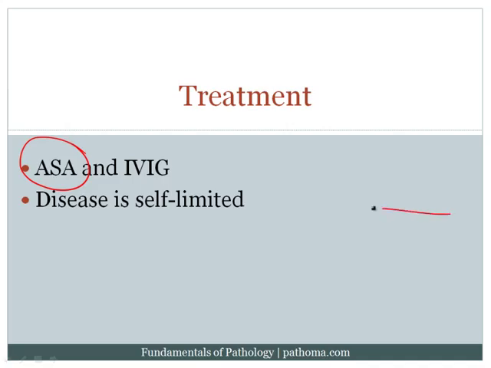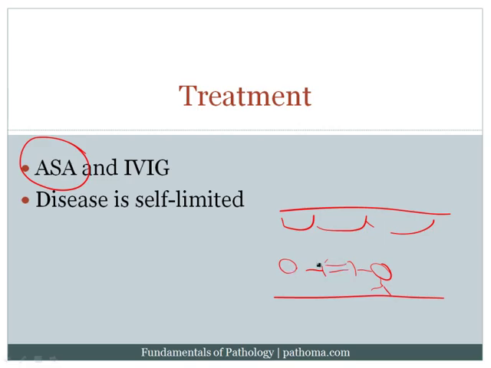Now, how does the aspirin help? Well, remember that if this is the vessel and you've damaged the endothelium and you've exposed subendothelial collagen, then what's going to happen is that the platelets are going to adhere to this area, and eventually they're going to aggregate. Right? And it's the aggregation that's going to form the framework for the coagulation cascade to come in and produce the final thrombus.